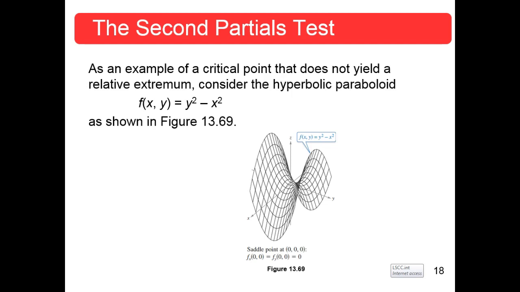Here, your z would be opening upward on the y-axis, but opening downward on the x-axis. And then when this is equal to 0, that gives you a hyperbola.